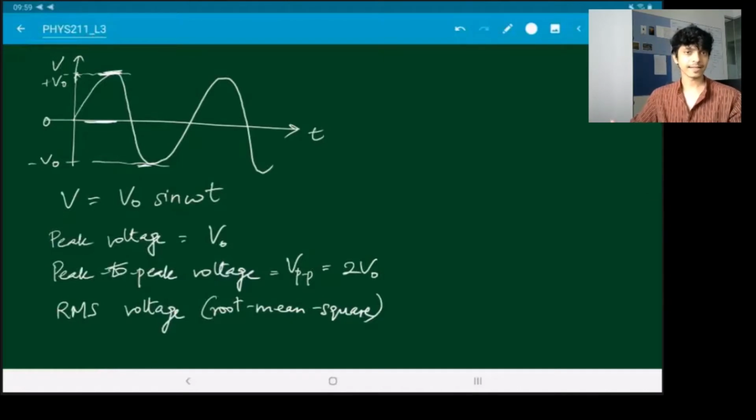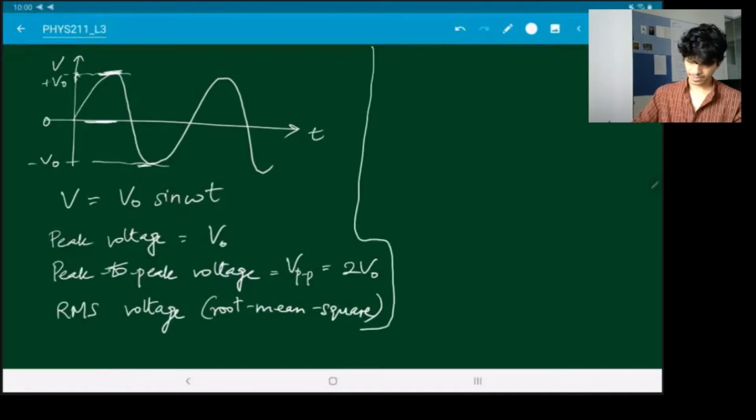If you just directly take a mean, you're going to get 0, obviously, because the sine wave is positive in some parts, negative in some parts in equal measure. So we define what is called the RMS voltage to give us some indication of what the magnitude of this voltage is. And the way you define it is given in the name itself, root mean square. So you want to first take the square of the voltage, then you want to take the mean, and then the root.